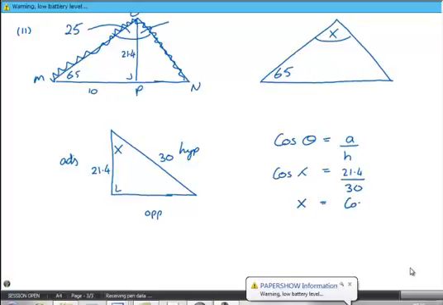X is equal to cos inverse of that. You're going to put that into your calculator. Get quite a long answer. You're going to put it all down. And that's that portion of the angle.